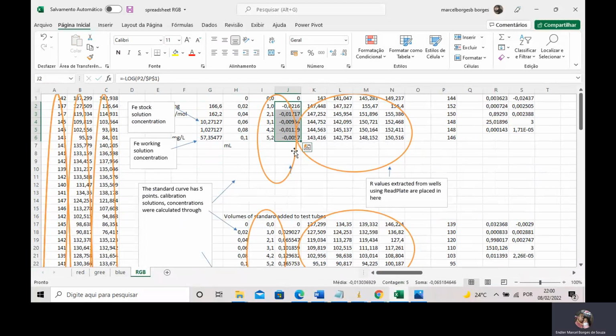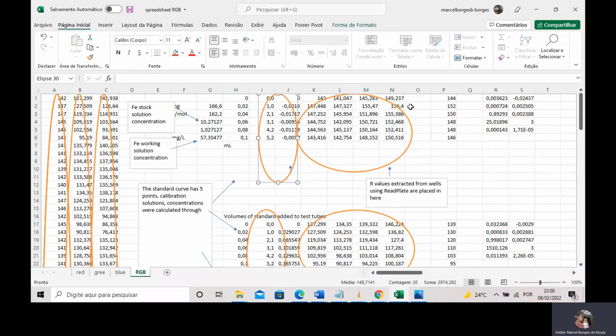How was this analytical signal calculated? In here, I have the hue values for all my standards. In here, I have the hue values of my blank samples, and in here I have my hue values for my standards.